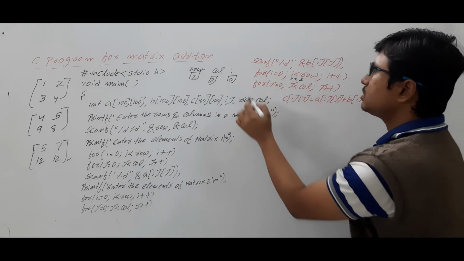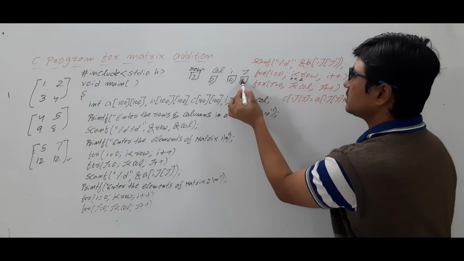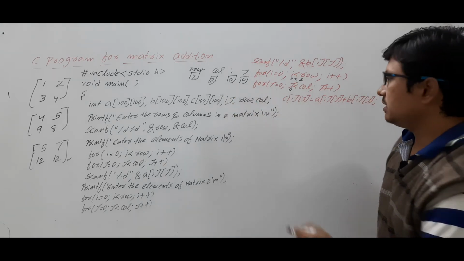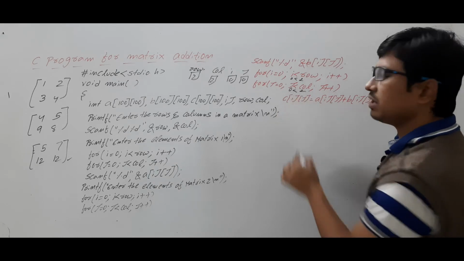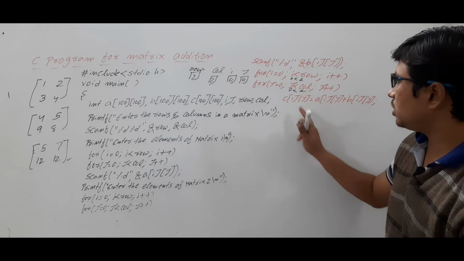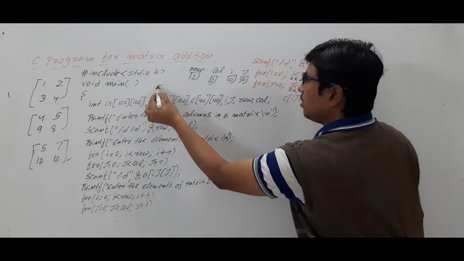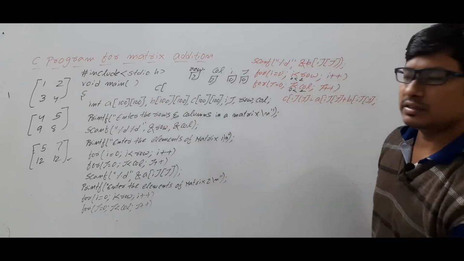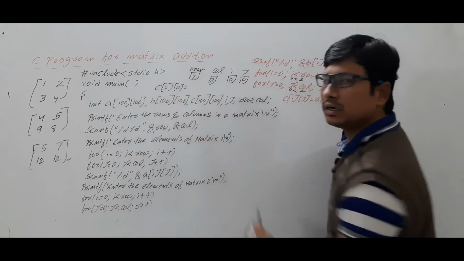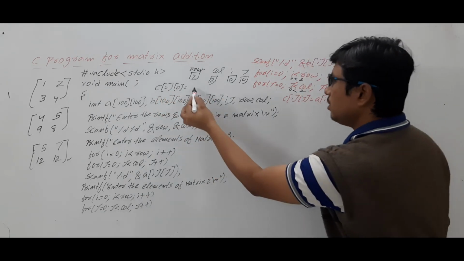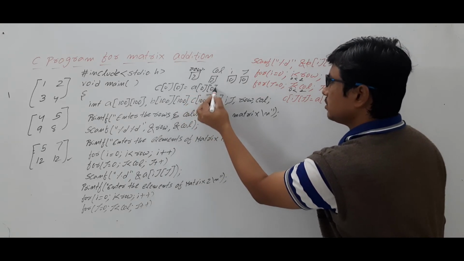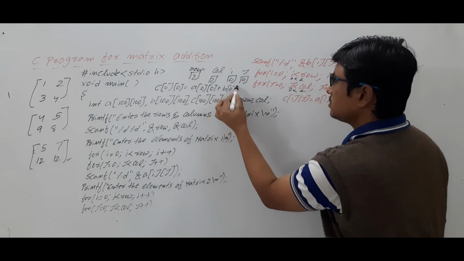Now j is equal to 0, that is the initialization section. The j value is 0 and it is less than the column value 2, so again this condition is true. If this condition is true, what are you doing? C of i and j, where i value is 0 and j value is 0, is equal to A of i, which is 0, j which is 0, plus B of 0 0.